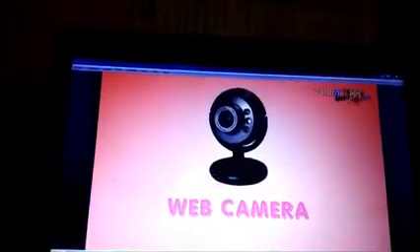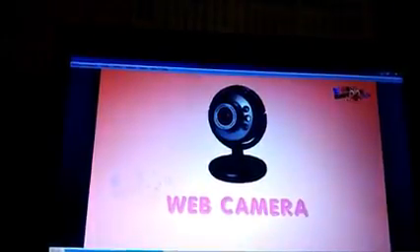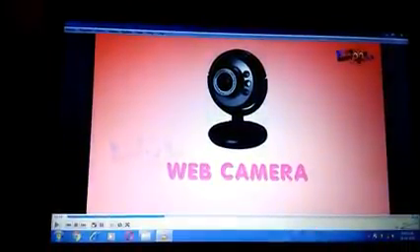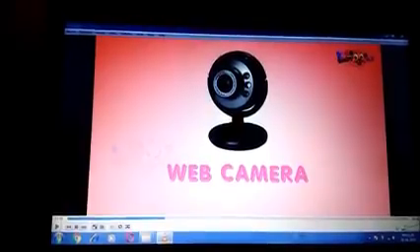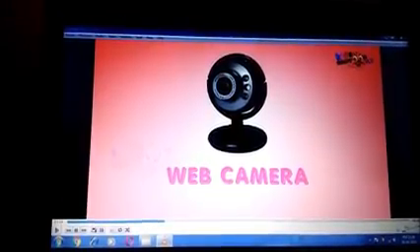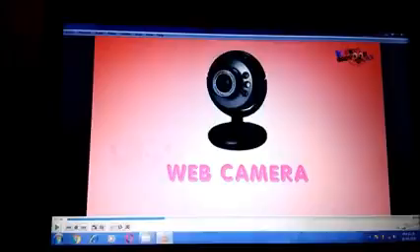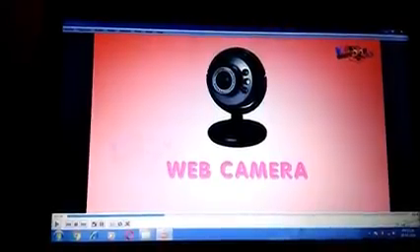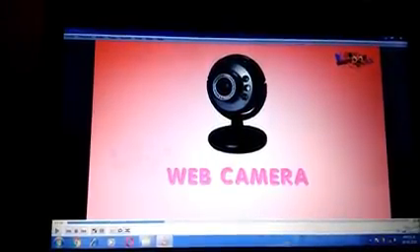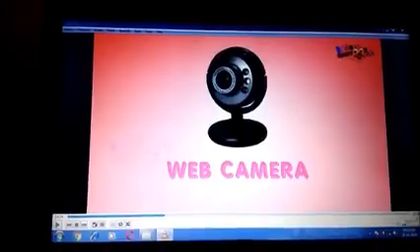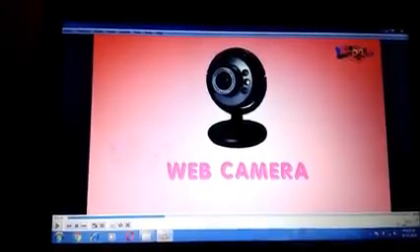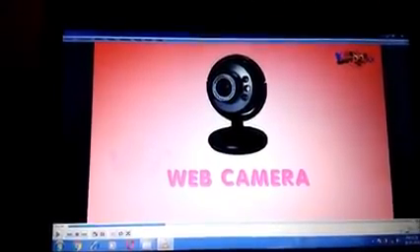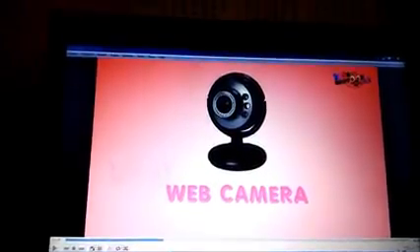The next component comes the web camera. A web camera is a digital camera attached to computers and can be used for video conferencing or online chatting, etc. They can also capture full motion videos. They are popularly known as webcams.